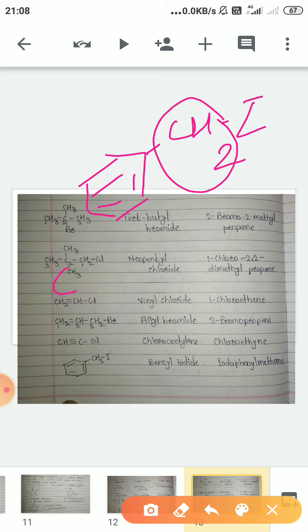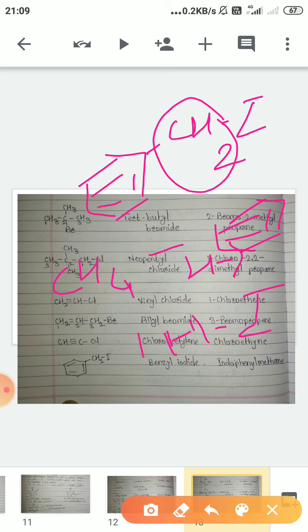If we consider methane, CH4, then one hydrogen atom of methane is replaced by a benzene ring, and one hydrogen atom is replaced by iodine.